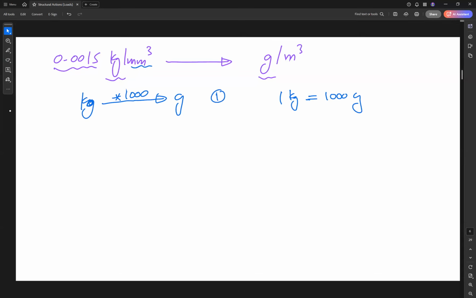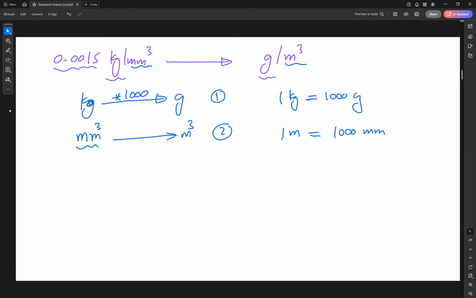From millimeter cubed to meter cubed. How to convert from millimeter cubed to meter cubed. It's number two. The first step is 1 meter equals 1000 millimeters. Okay.